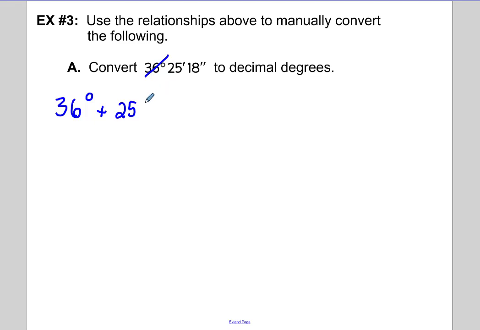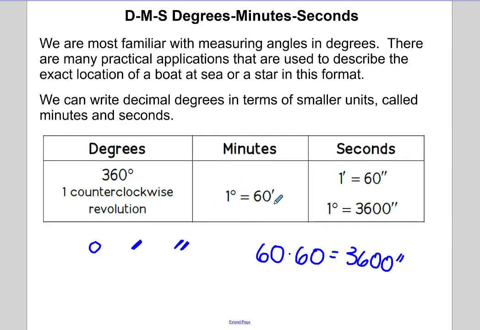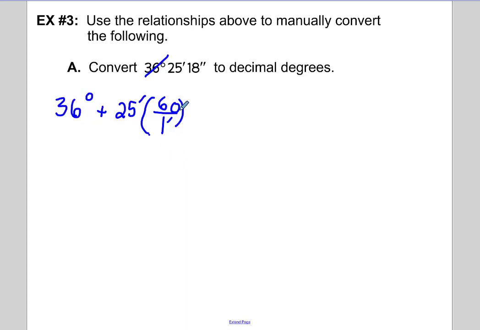So if we use dimensional analysis, 25 minutes can be converted using the table below: in 1 degree, there are 60 minutes. So we could multiply, doing this wrong, back the bus up.